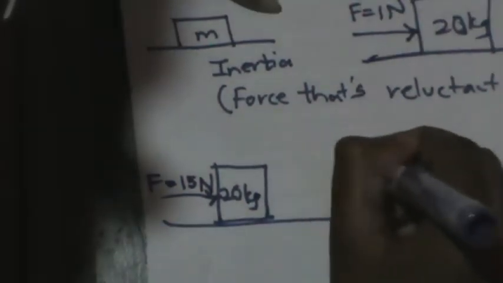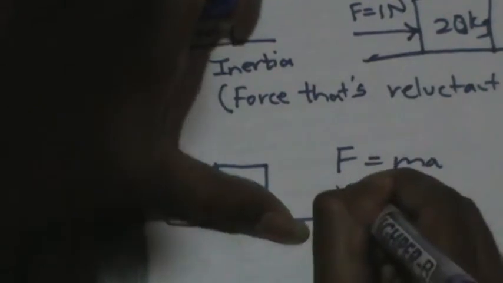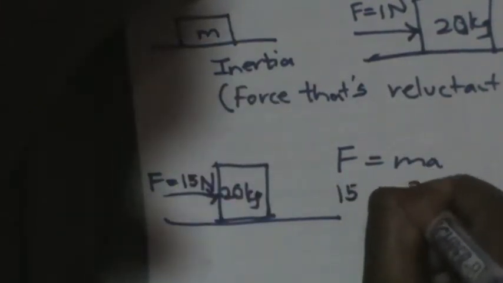So F equals ma, F equals 15, mass equals 20, so a is equal to 15 by 20, which is 0.75.